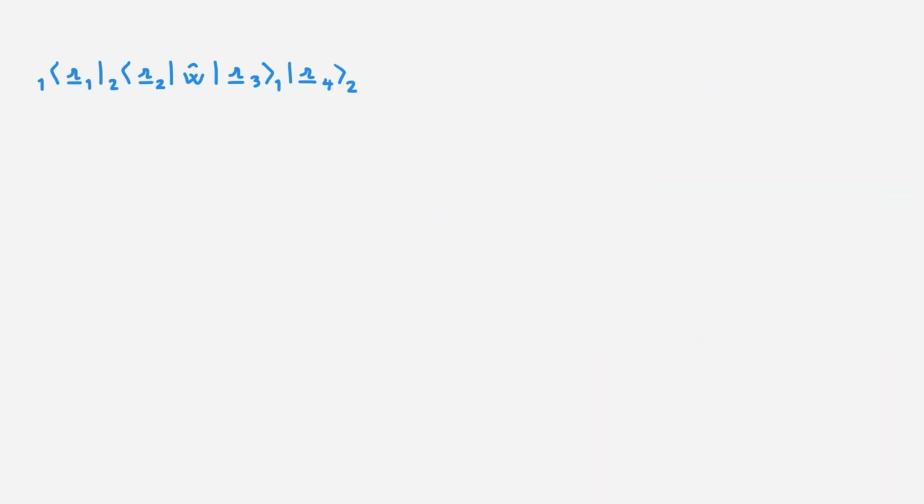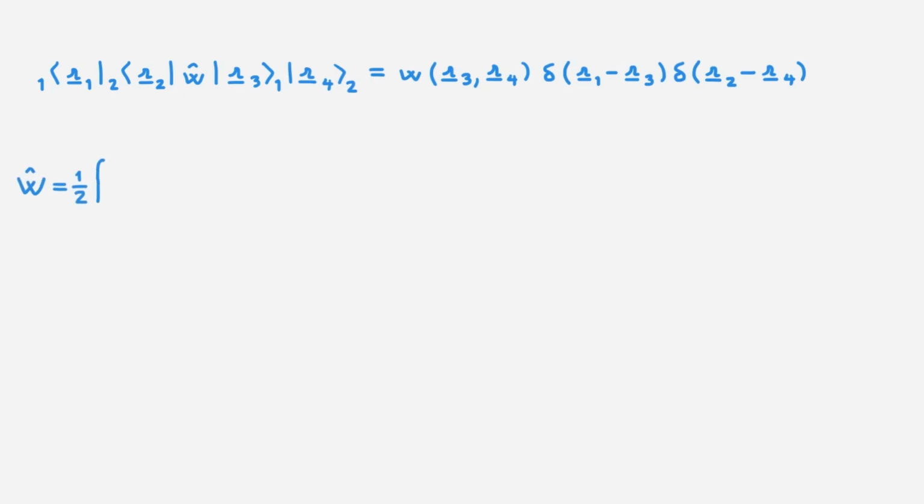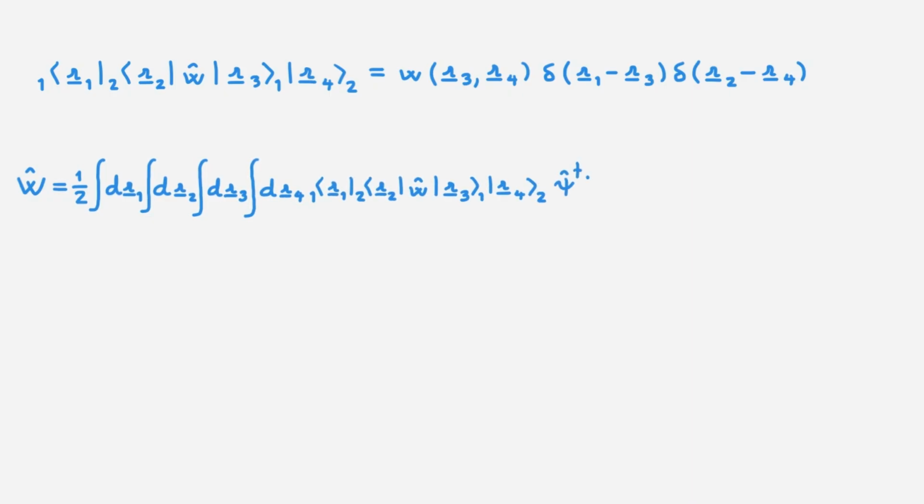Let's make some room, and let's copy down our latest expression for the matrix element. We can now go back to the full interaction potential operator W, which remember can be written as these four integrals over the matrix elements of this product of two creation and two annihilation field operators.